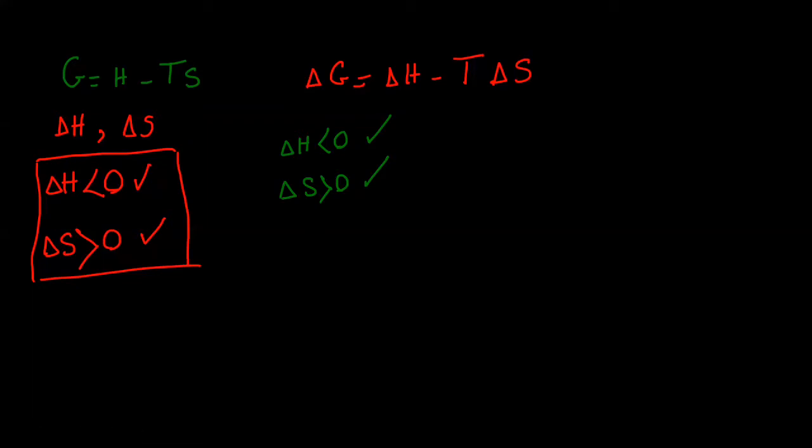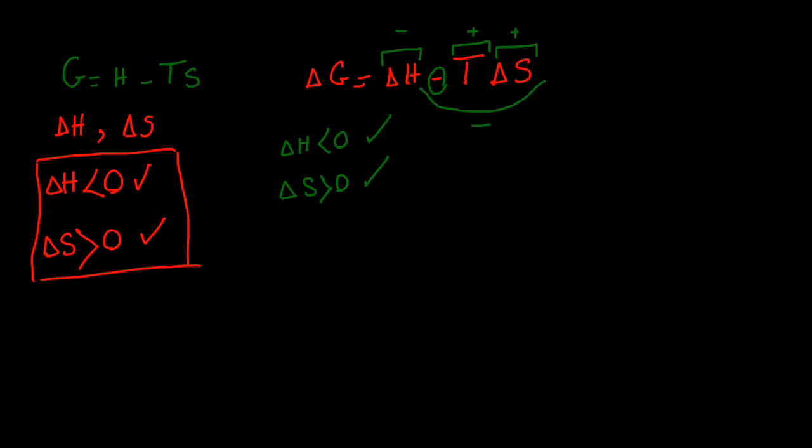Let's look at the delta G. If delta H is smaller than 0 and delta S is larger than 0, it means it's positive. And T, when it's in Kelvin, is always positive. So positive times positive is positive, and times this negative is negative. So this part together is negative.